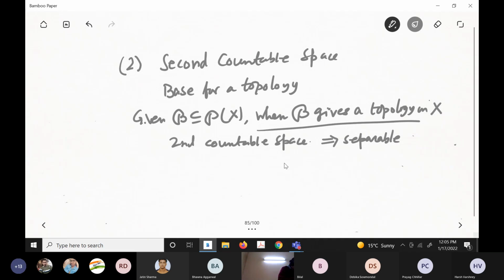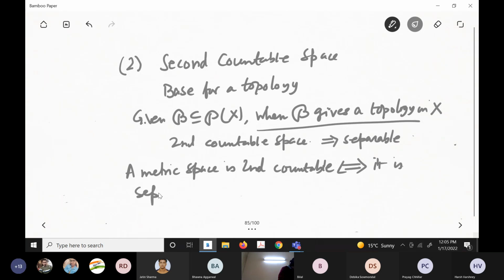Second thing, a metric space is second countable if and only if it is separable. I think he is present. Sarthak will do it. Second countable space.